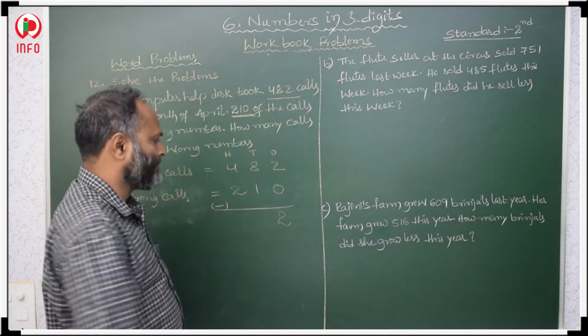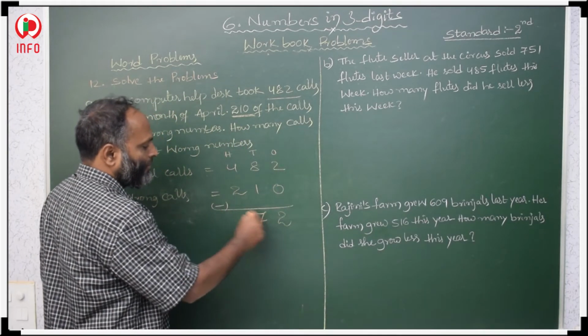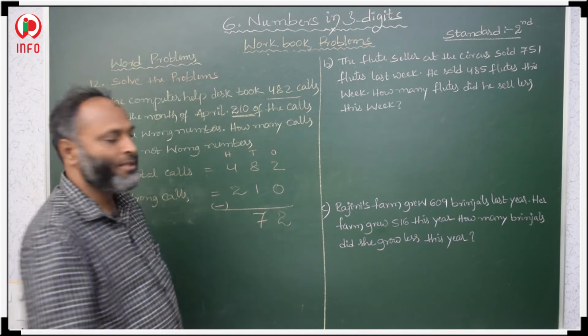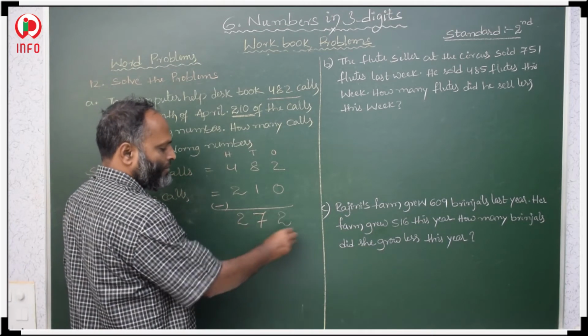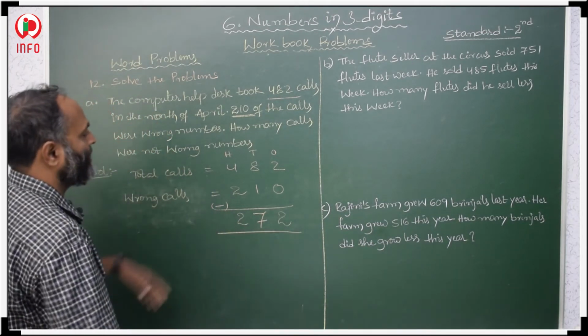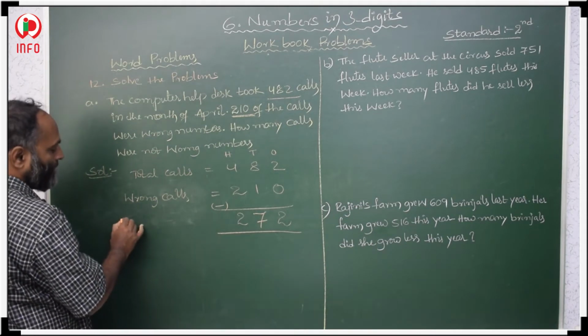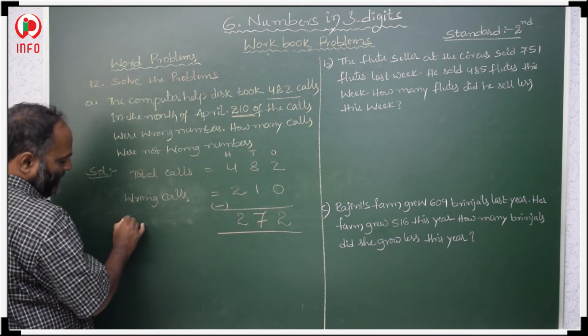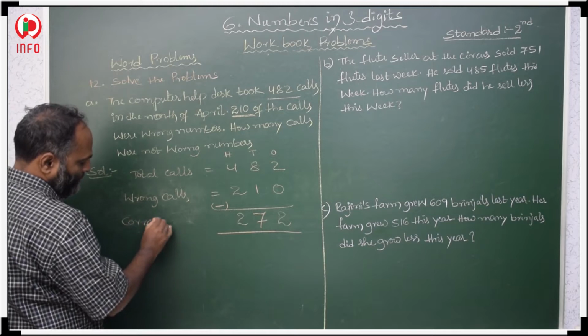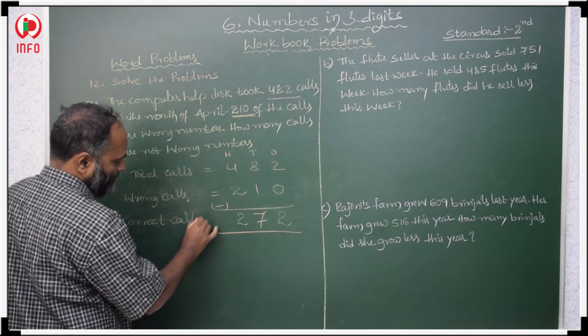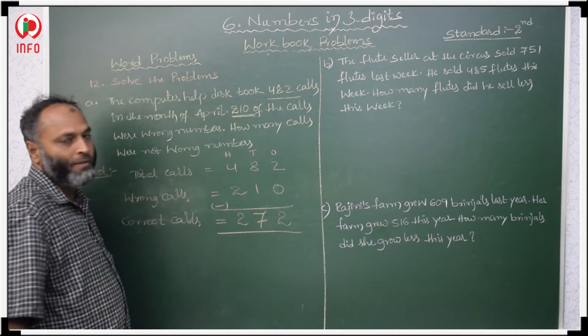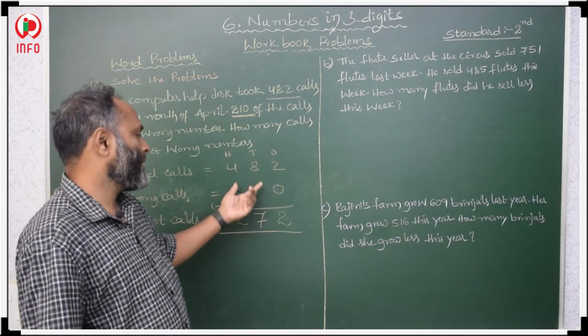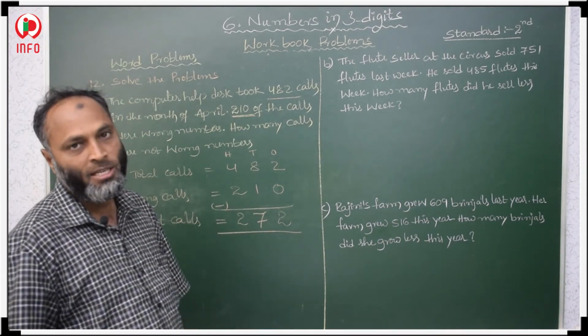Total 7. 4 minus 2 is 2. 272. So this many calls are correct calls. First total calls, from that we minus wrong calls, then you will get correct calls.